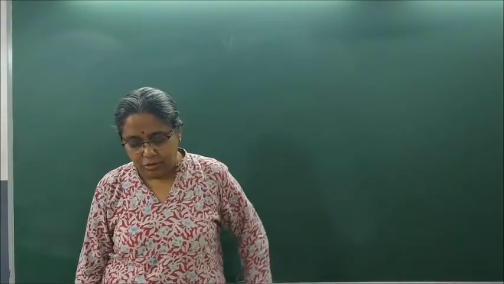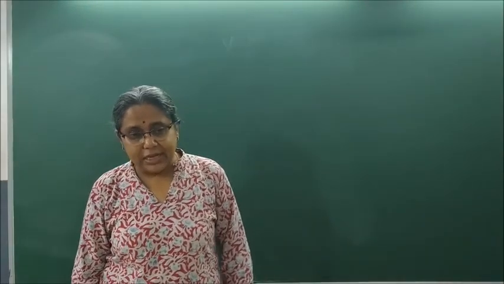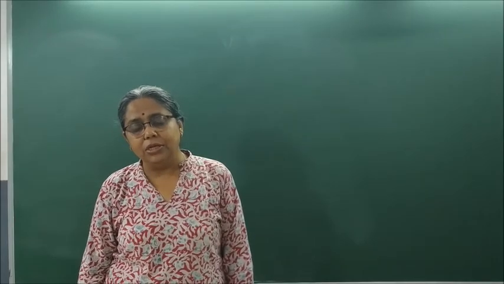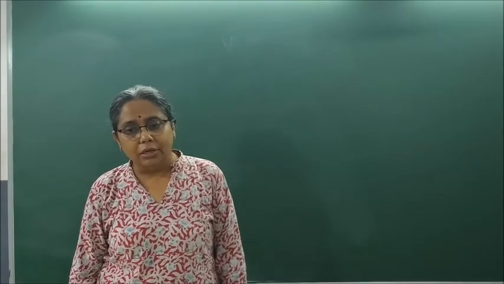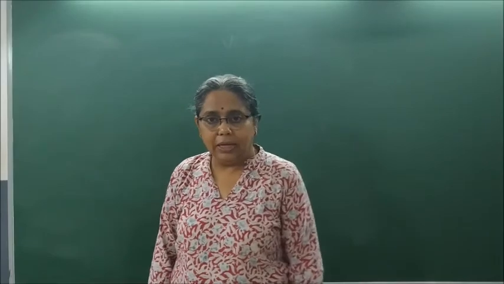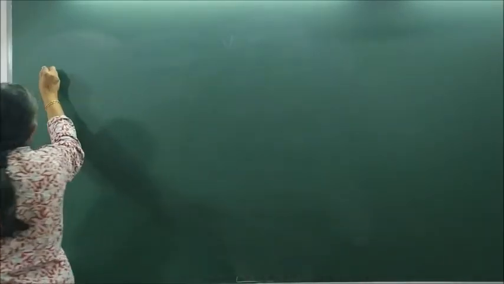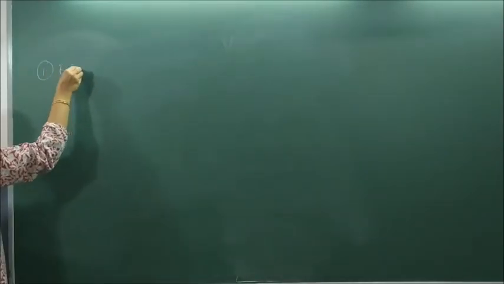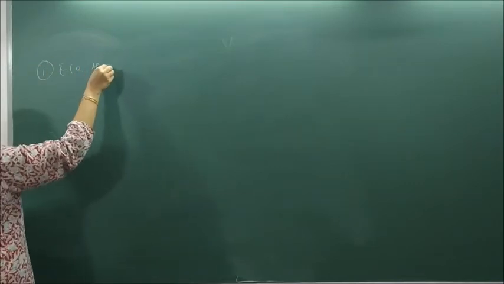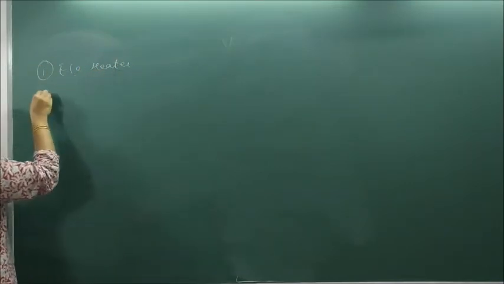That is the last line of the first paragraph. Second, tungsten filament used in bulbs. Third, fuse. First point: electric kettle, electric geyser, electric heater, all those work on Joule's law of heating.